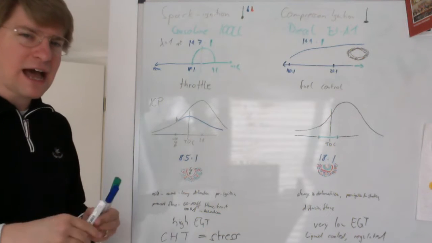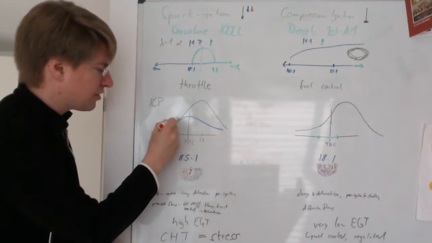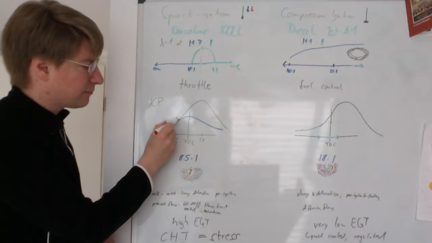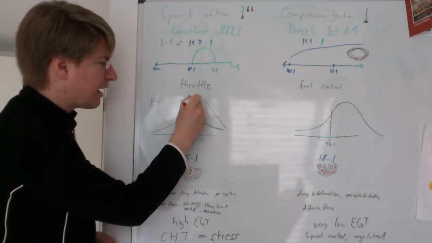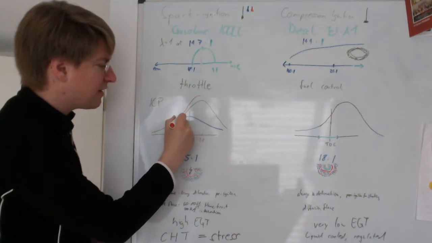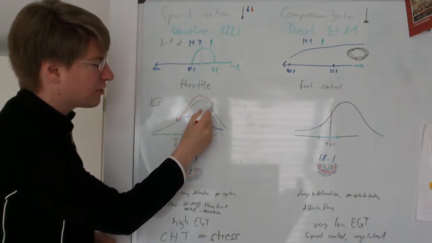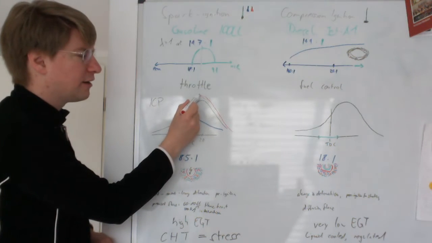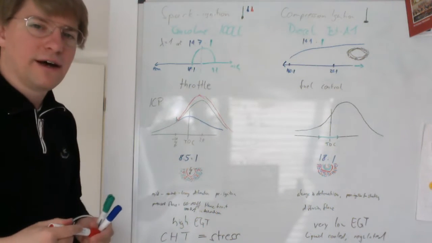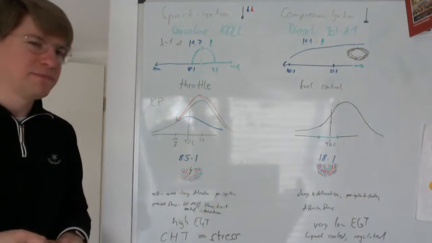So what will happen if we run at best power mixture is that this curve with the combustion pressure will rise earlier and higher than it does at a slightly richer mixture. So the curve is both higher and peaks earlier than at the desired 20 degrees after top dead center.